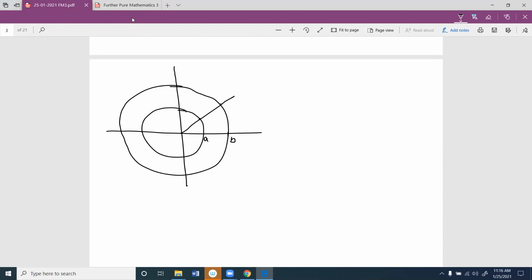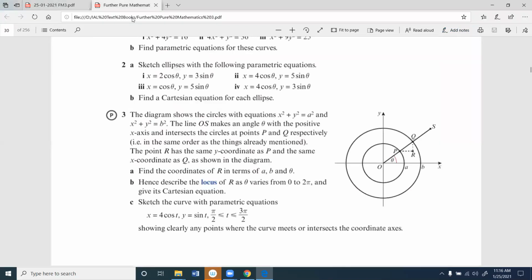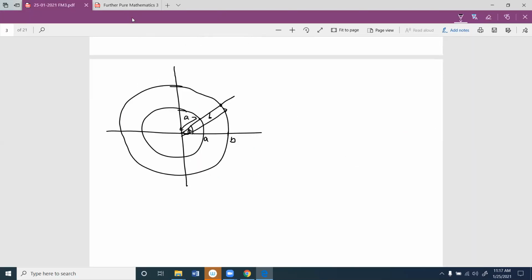Then you know that this length is a, and if you measure the length from here to here, that is b, the radius. And this angle is theta. Then what they specifically mention in this question is there is a point which has the same y coordinate as P and the same x coordinate as Q. This is P and this is Q. So it's just like this.